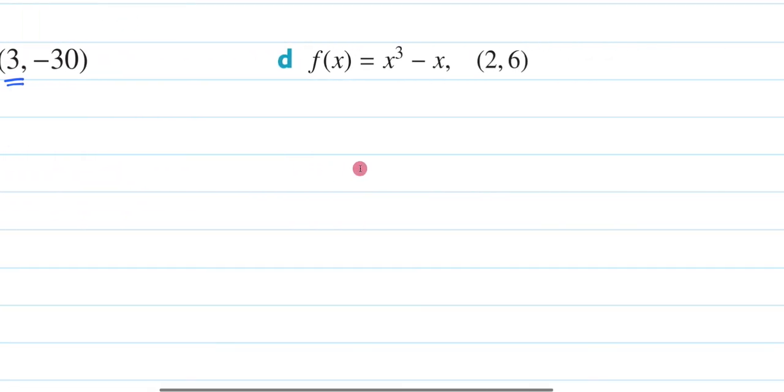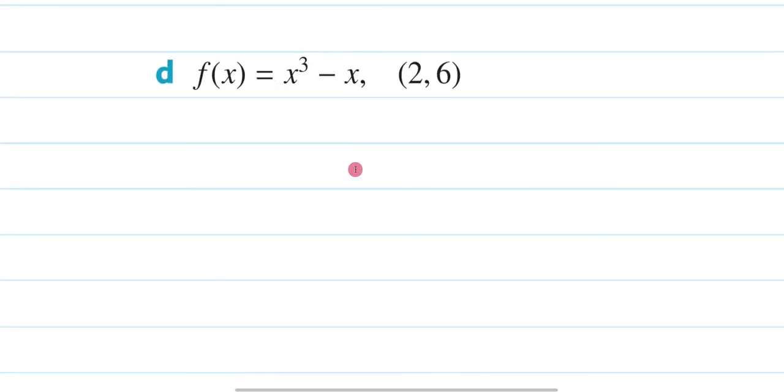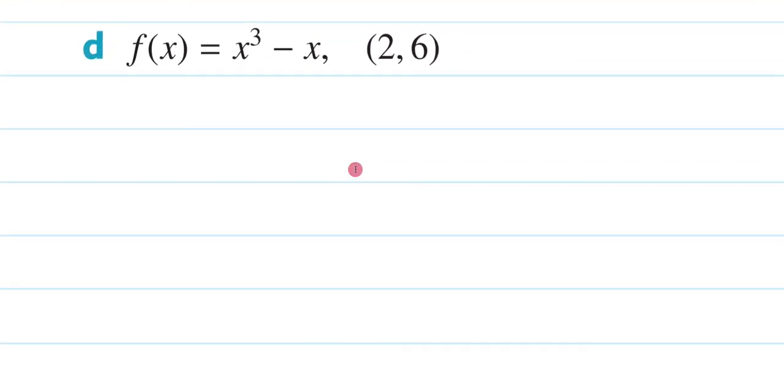Let's now come to our last one. Let's zoom in. So how are we going to answer this? First thing that we're going to do is find our derivative, which is going to be 3x squared minus 1. So I bring that to the front, reduce it by 1. Now to find what the gradient of the tangent at this point is going to be, I sub in my x value.